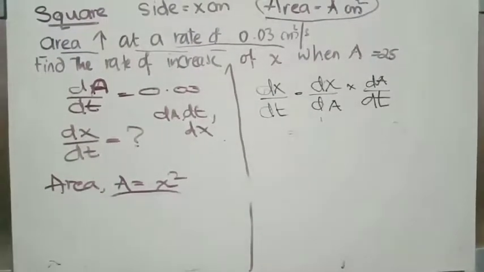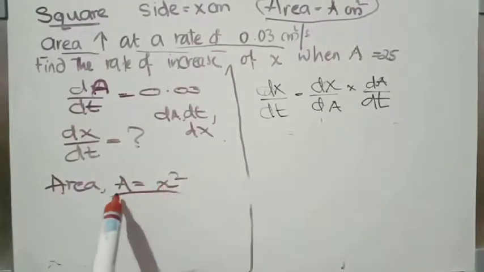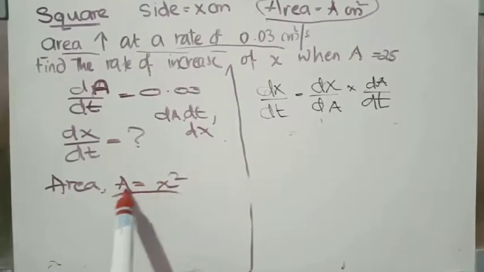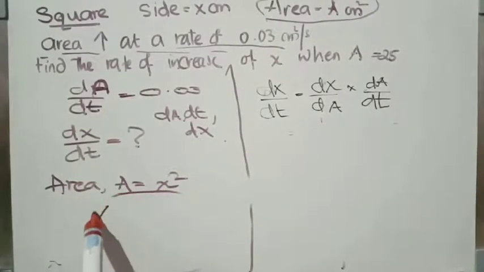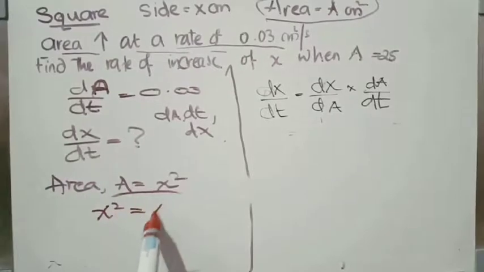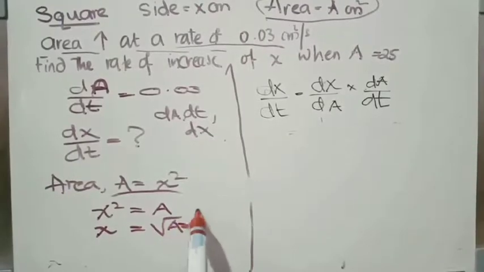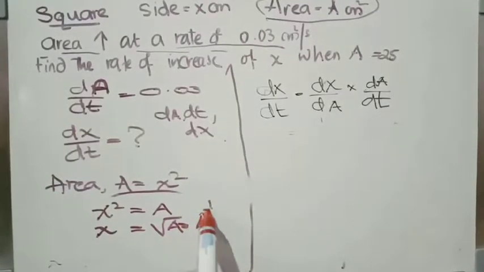I told you in this case we can use two methods. The first method is directly applied. In the second method, x squared is A. That implies x is square root of A, which is A raised to 1 by 2.